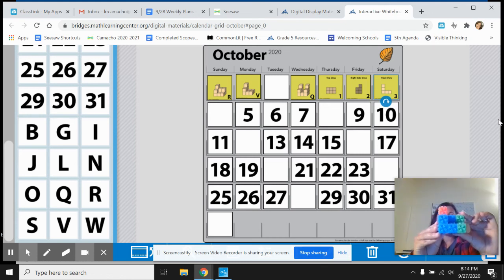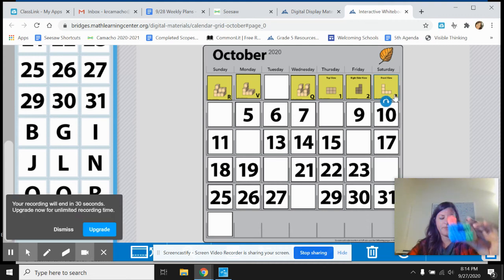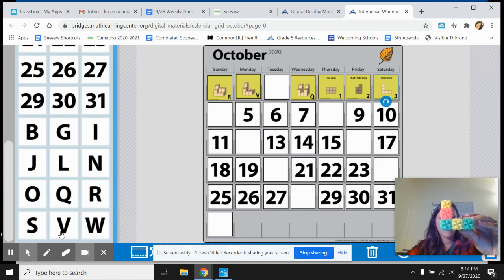This is ours. So think in your head, does that match my clue? Look at what 3 should be. Does it match? And then I'm going to show you V. Think in your head, does that match?